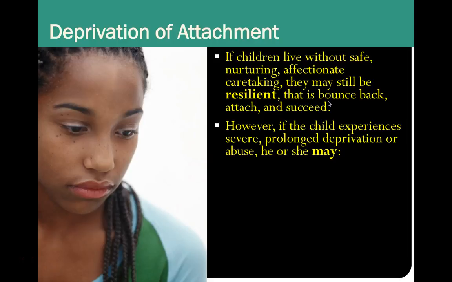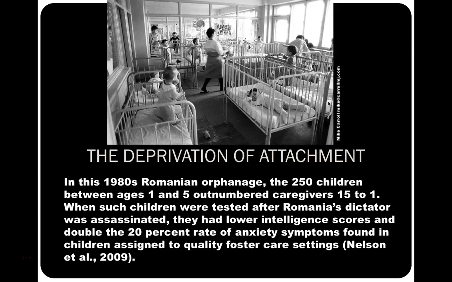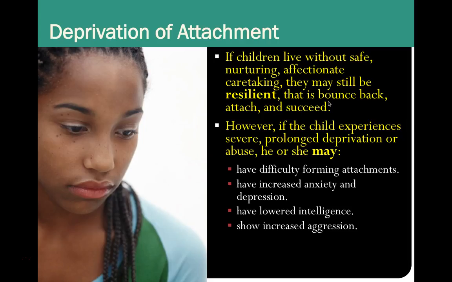If the child experiences severe, prolonged deprivation or abuse, failure of satisfactory, secure attachment, he may have difficulty forming attachments, as we saw in the Shaver research just previously, have increased anxiety and depression, have lowered intelligence, show increased aggression, and beyond.